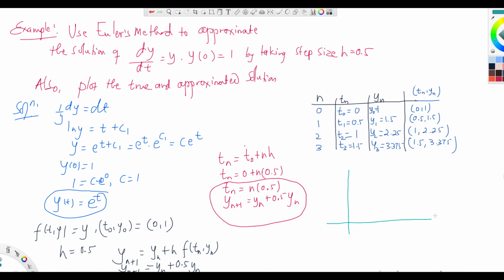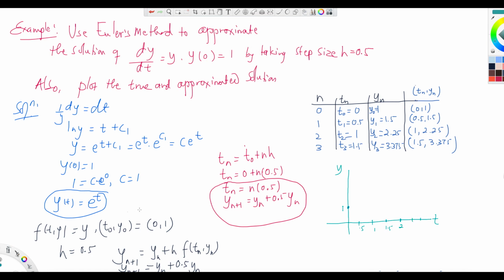Let us first plot y equals e to the t. Let's say this is 0.5, this is 1, this is 1.5, this is 2, and so on.